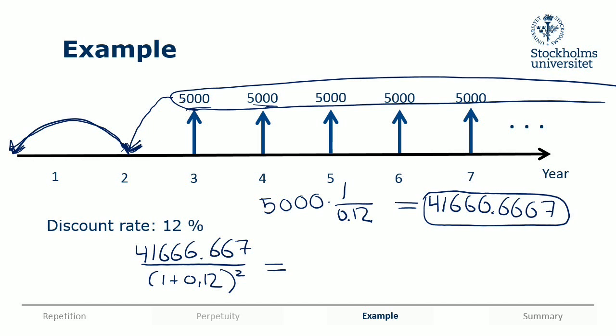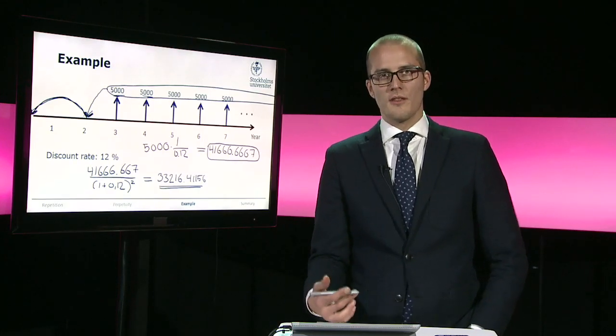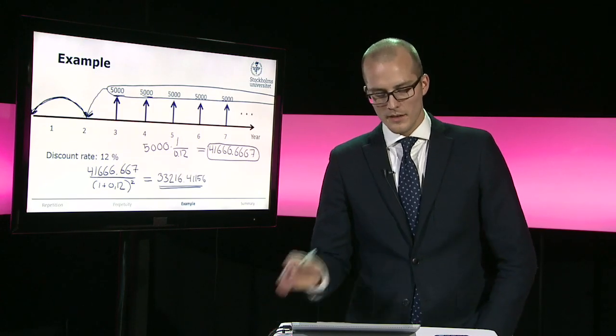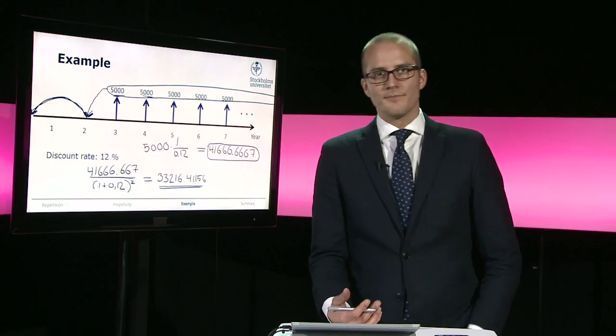And if we type this in, we get 33,216.41. So the present value of getting 5,000 every year for infinity, starting in 3 years, is 33,216 if we assume a discount rate of 12%.